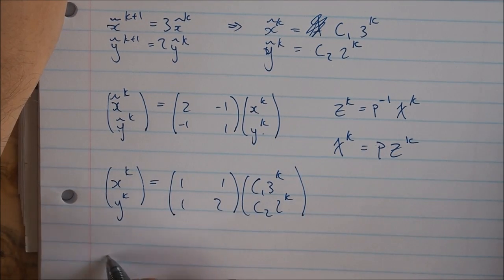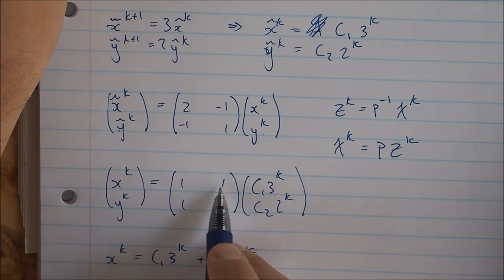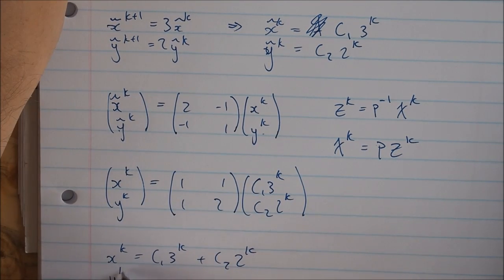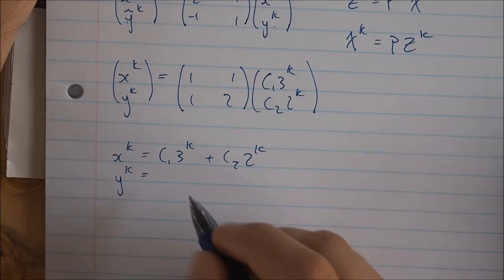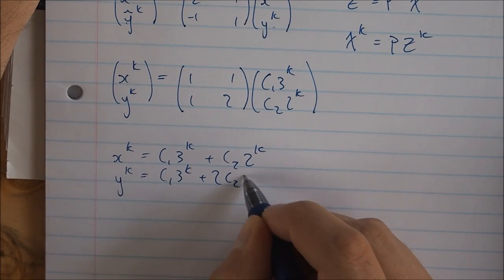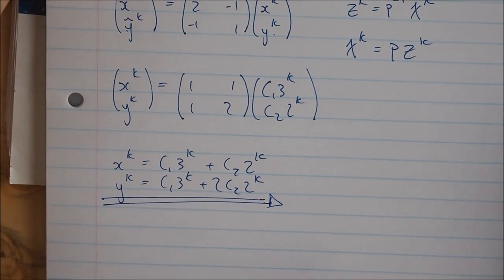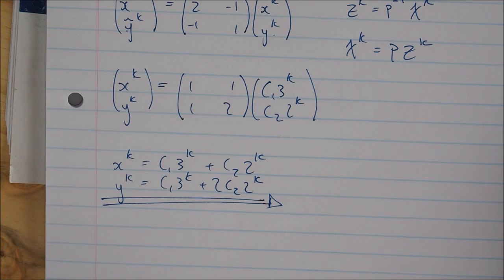Multiply this out, I get xk is equal to c1 3 to the k plus c2 2 to the k, so that row by that column, and then yk is equal to c1 3 to the k plus 2c2 2 to the k. And that's our solution. Right? So hopefully that makes sense.